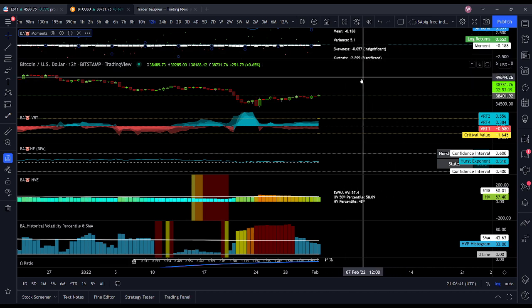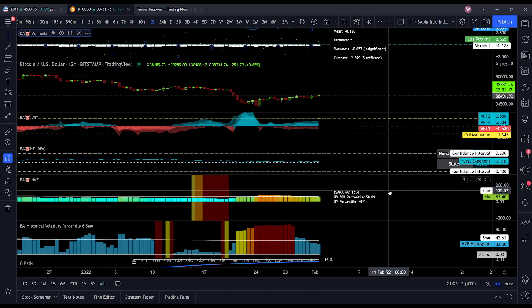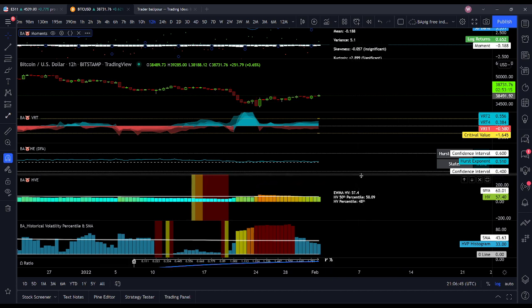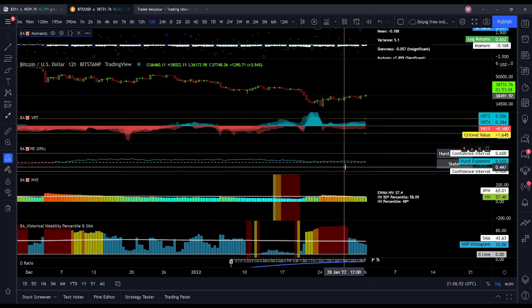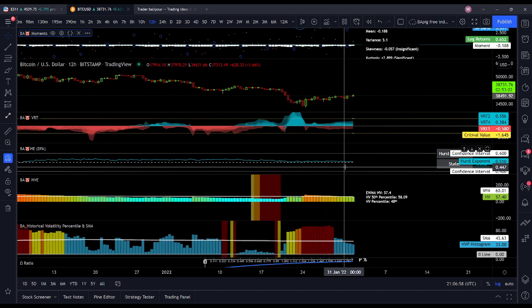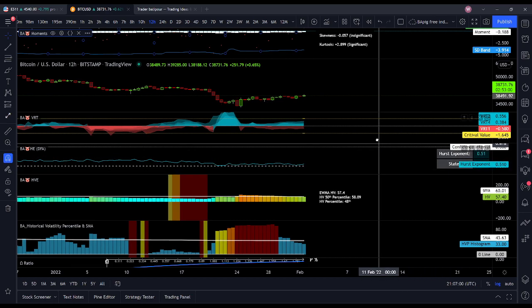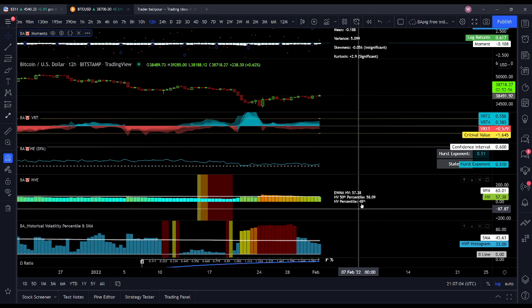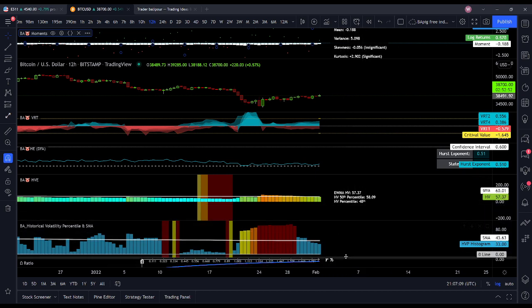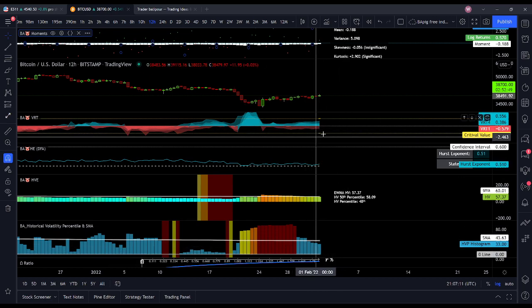When you see that significant kurtosis, that's indicating a higher tendency for outsized moves. Looking at this on BTC, the HV percentile is in the 48th percentile on the 12 hour, and we're not outside of a random walk.